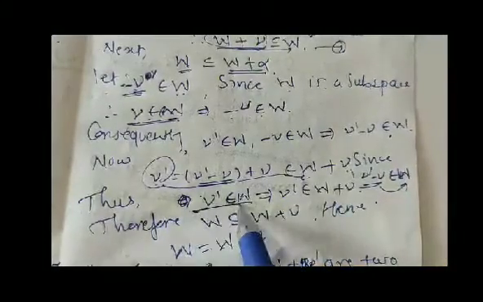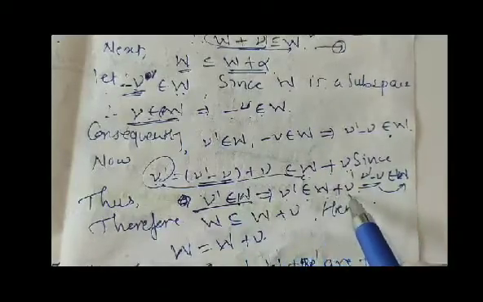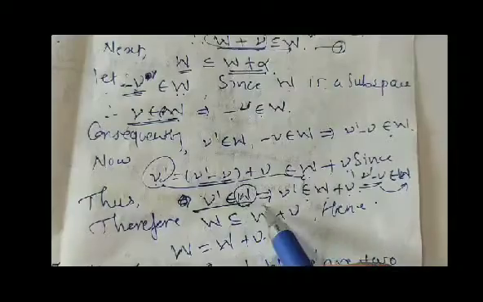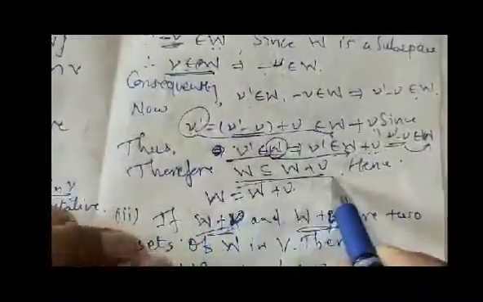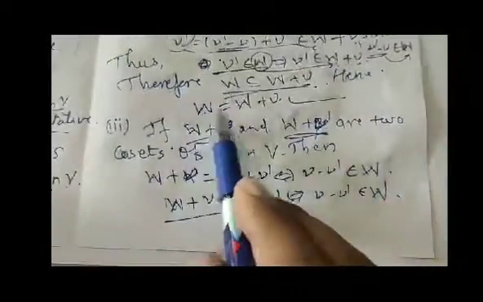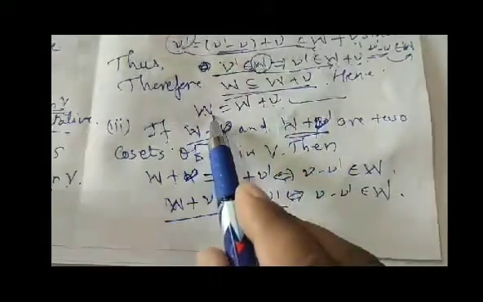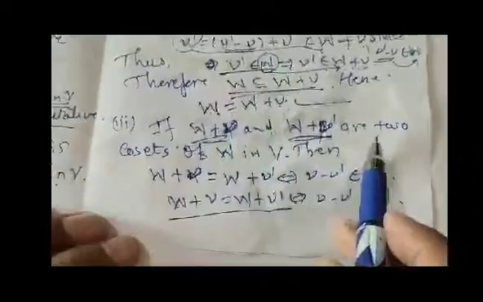So nu dash belongs to W is our assumption, and nu dash belongs to W plus nu. Every element belonging to W, we can show belongs to W plus nu, and therefore W is a subset of W plus nu, and therefore W plus nu equals W if this nu belongs to W. So this is a concept, it's trivial actually.